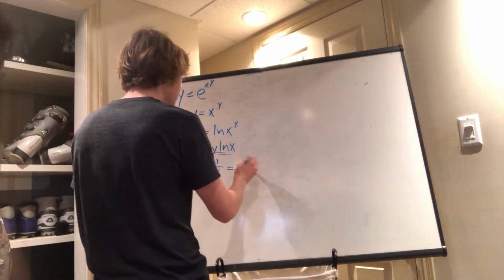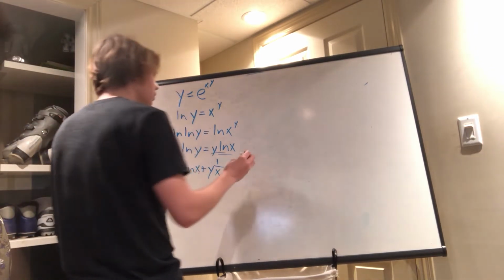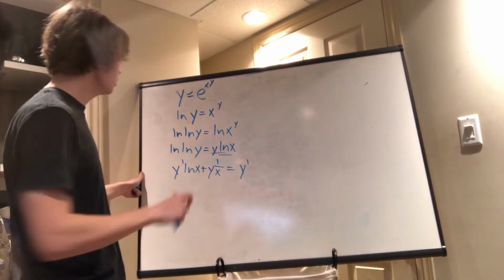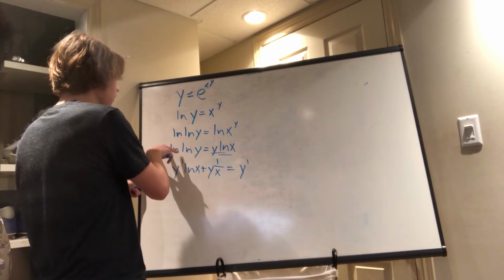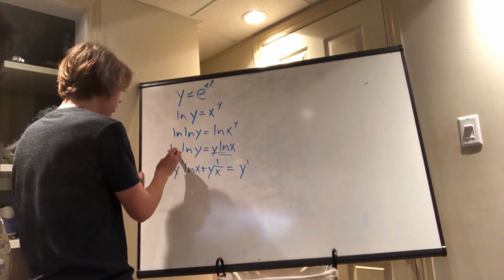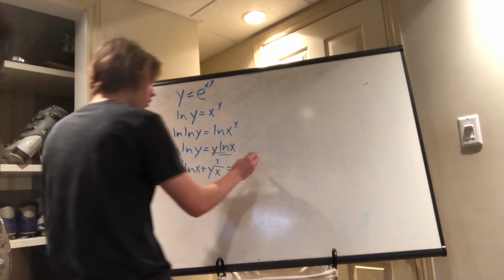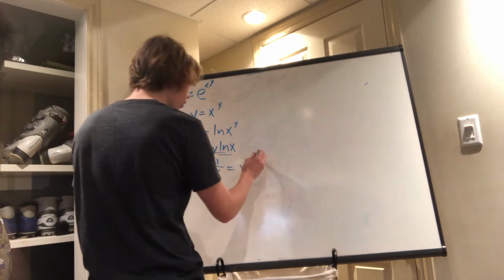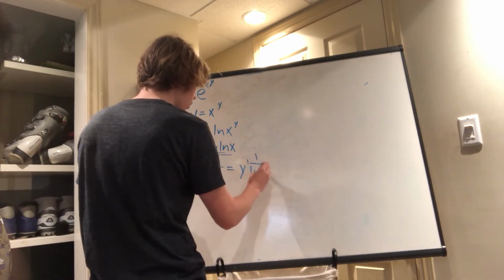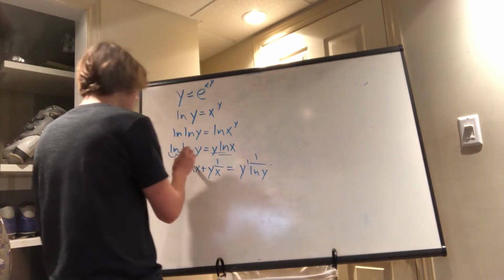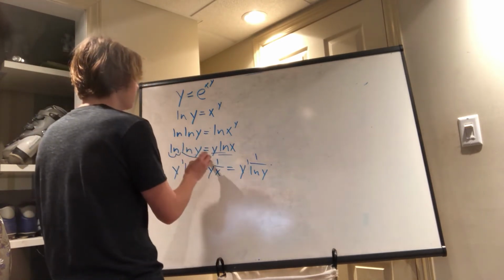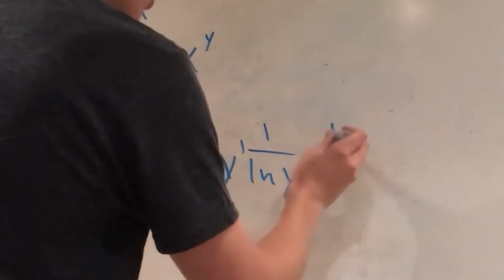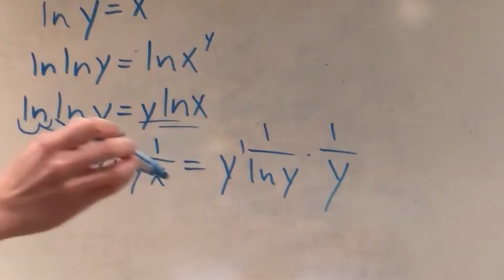Well, first you want to get y prime, because you're taking the derivative of a y, and then you want the derivative of this ln right here, which is 1 over ln y, and then using the chain rule, the derivative of this ln, which is 1 over y.